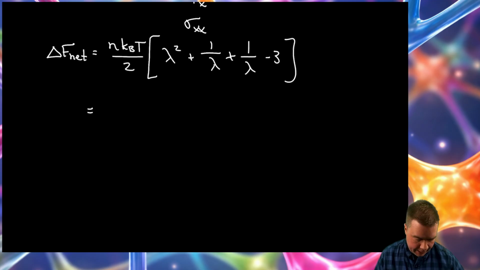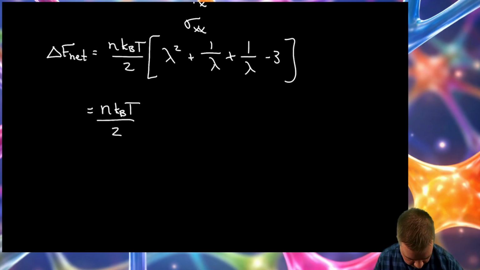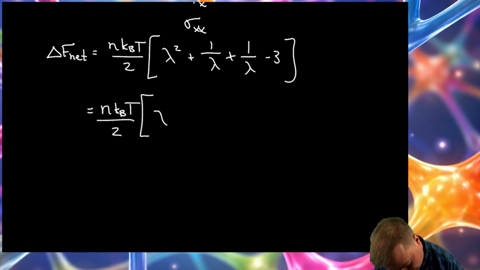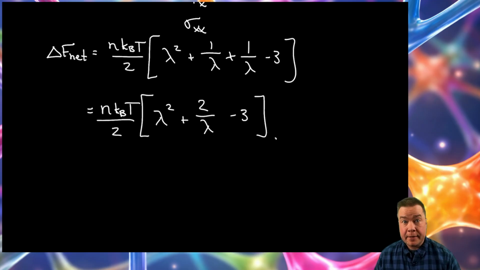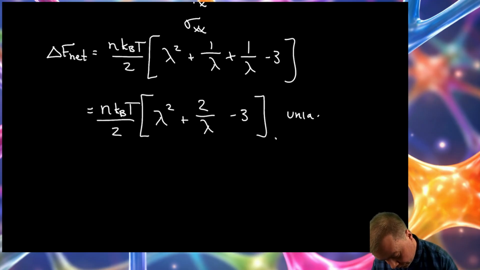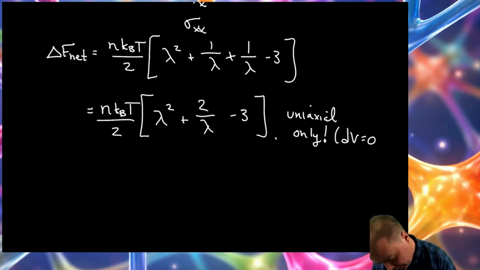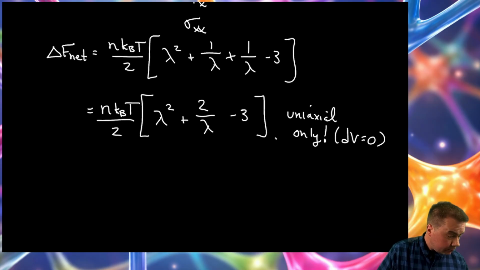So we get what? n kBT divided by 2 multiplied by lambda squared plus 2 over lambda minus 3. Okay, and again, this is uniaxial only. And again, this is under the assumption that dV is equal to 0.